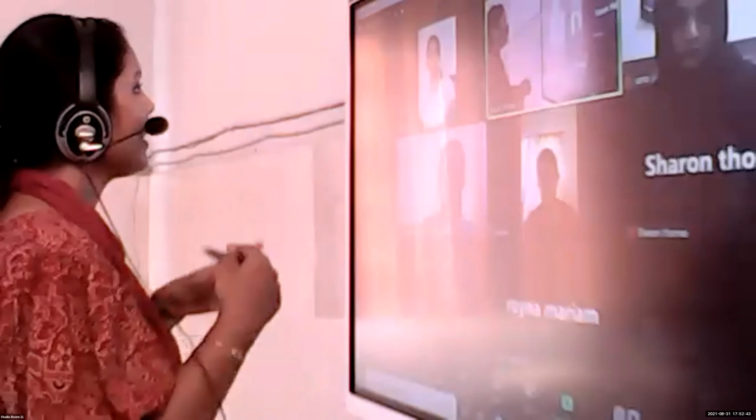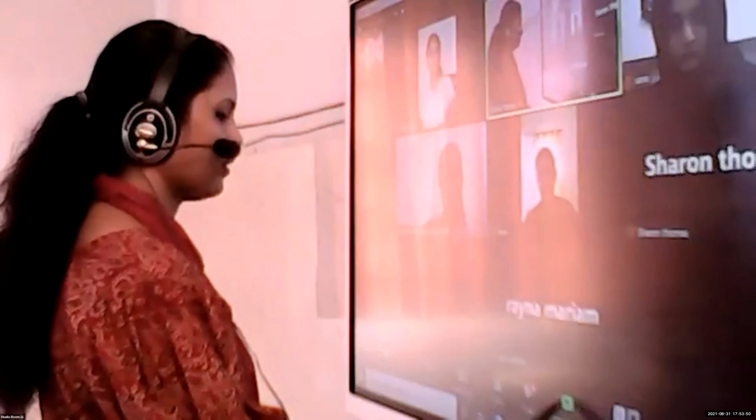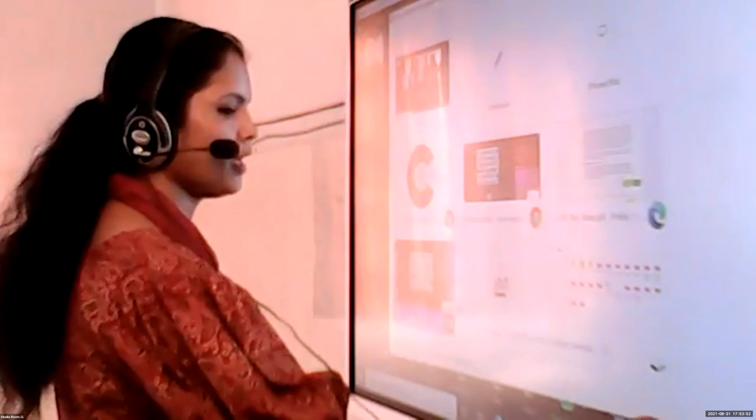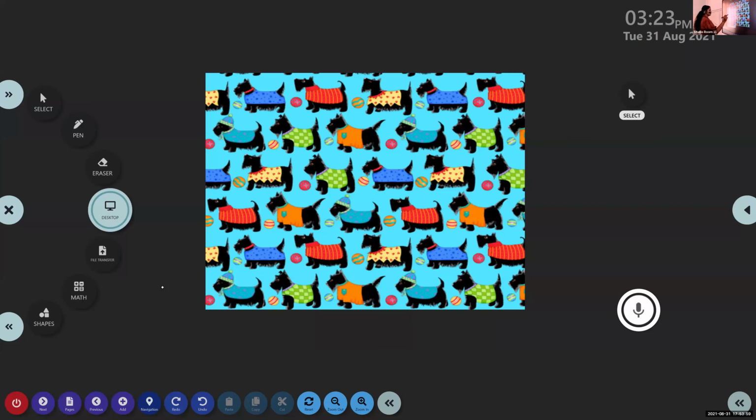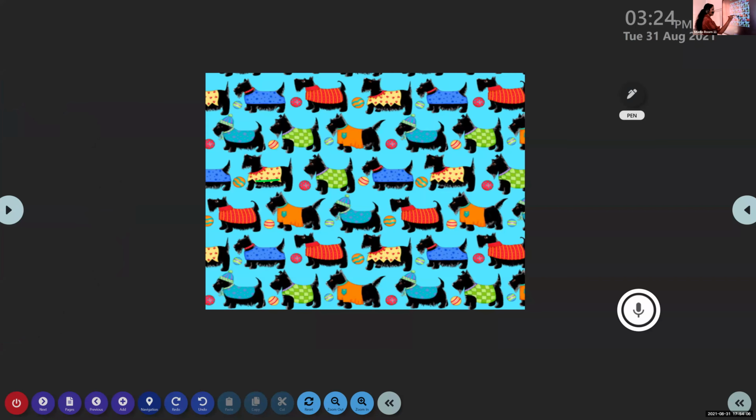Now I will show you another example. I'm going to share my screen. I hope the screen is visible for you guys. I hope the pattern is visible. Is the pattern visible or should I change the color?